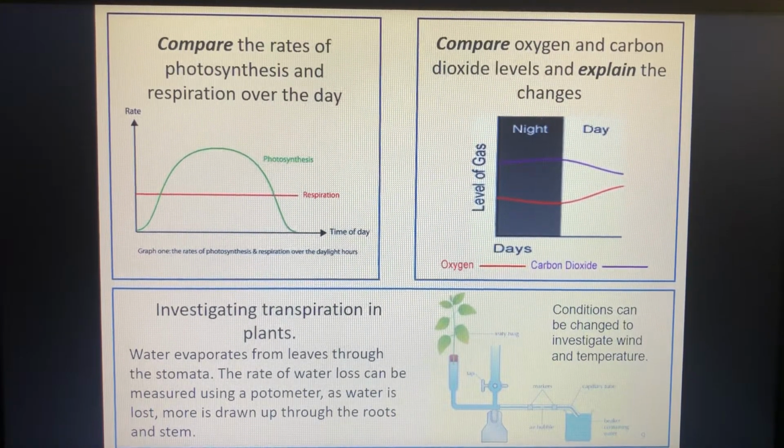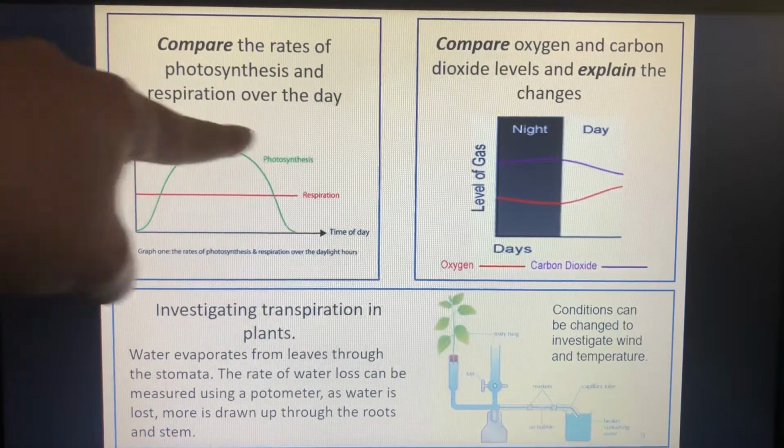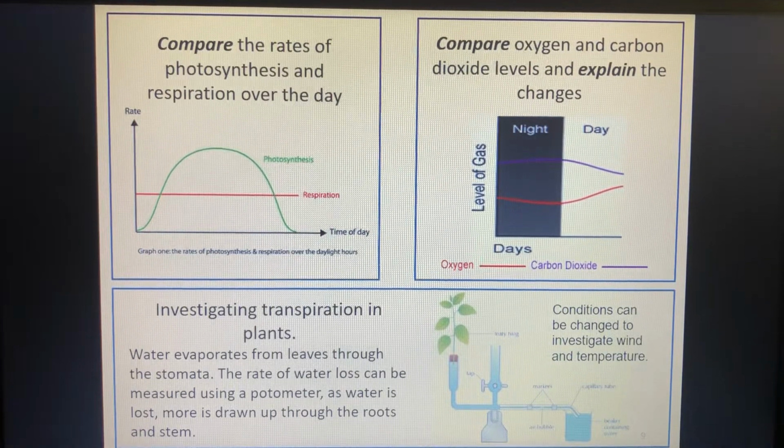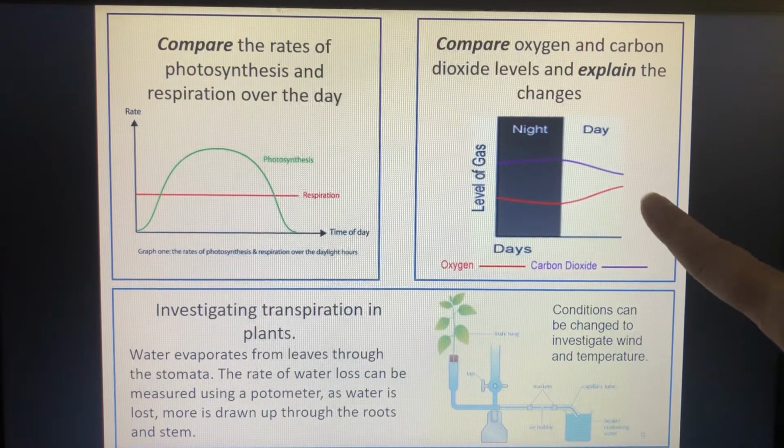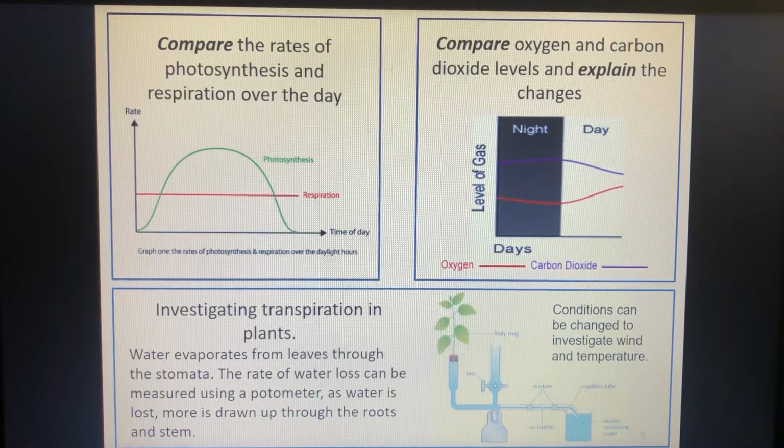Now in the daytime, where we've got photosynthesis so much higher than respiration, we notice the impact of photosynthesis much more than the impact of respiration. And as we know, photosynthesis producing oxygen, we see that the oxygen in the daytime increases, it uses up carbon dioxide, so we see that decreasing in the daytime, okay?